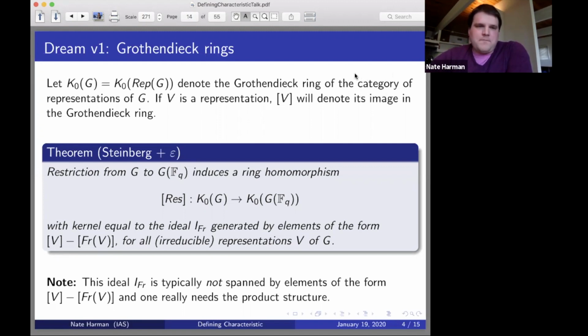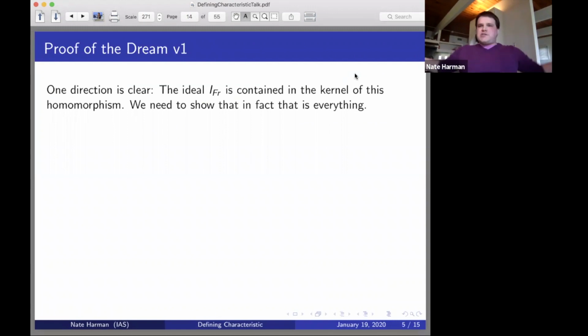All right. So this is going to be a short, nice proof. And one half of it is kind of obvious. This ideal is definitely contained in the kernel of the homomorphism.